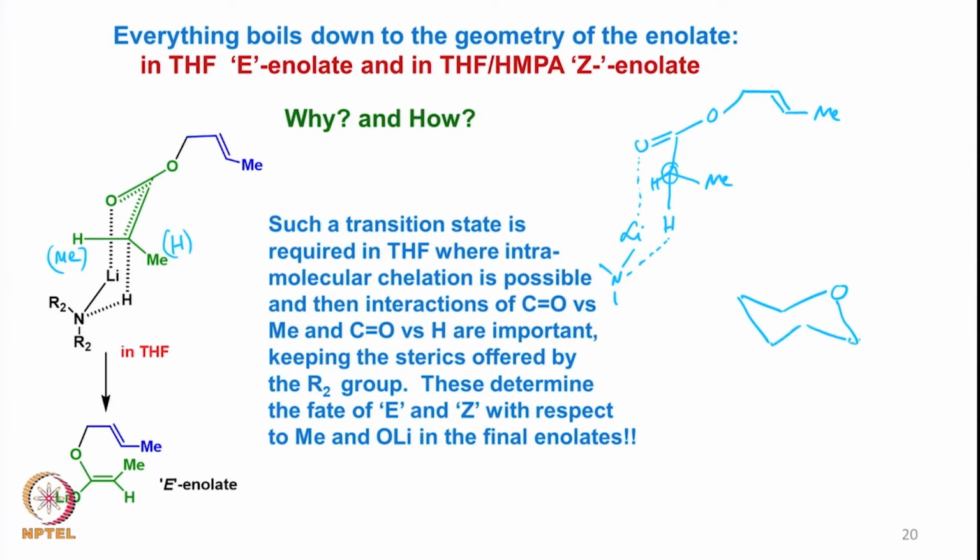We have lithium here, which is now chelating with this, then you have a nitrogen here, with the isopropyl groups of lithium diisopropylamide, and then you have a hydrogen here, of course, and there could be a hydrogen here, and the methyl here is one possibility. Of course, from here you will have this.